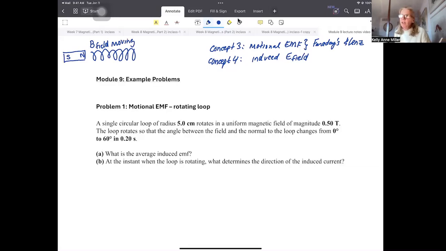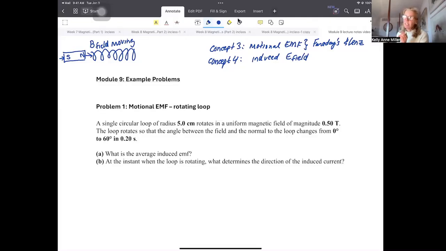We know that we can induce a current in that coil as a result of the moving magnetic field, right? Moving the magnet will induce a magnetic field that will oppose the change in flux, and that will cause a current to flow through the solenoid without it being connected to any kind of power supply. So that's basically Faraday's law and Lenz's law.